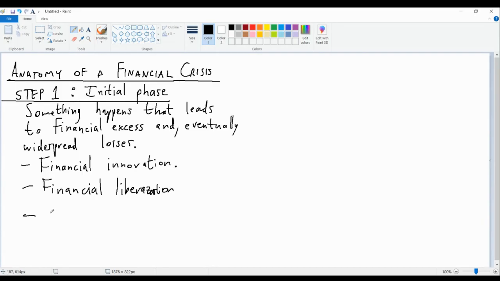Another possibility is what I'm going to call an asset price bubble. So every now and then it happens that having some particular kind of asset becomes fashionable, and people are buying it thinking that its price is going to continue going up. Of course, the price of assets should only be going up if the payments associated with them are going up. If they're not, then it shouldn't.